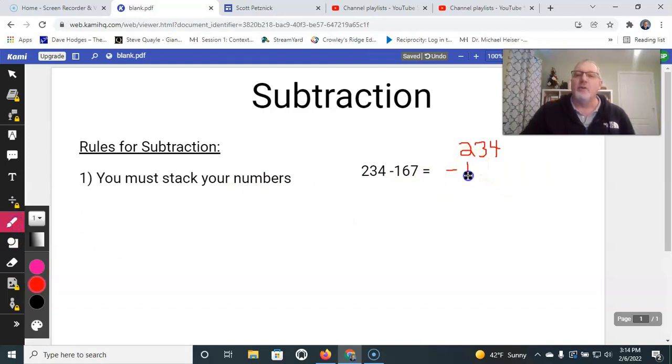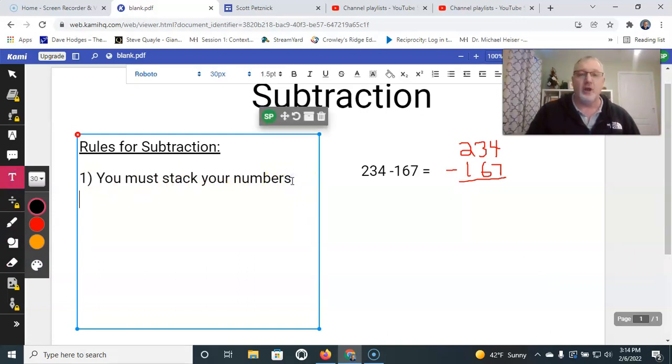With that being said, the reason I show you this is because I see this all the time. Every year I have a bunch of kids that will not stack their numbers. So again, we have to go over these rules so they understand what they need to do and how to do it.